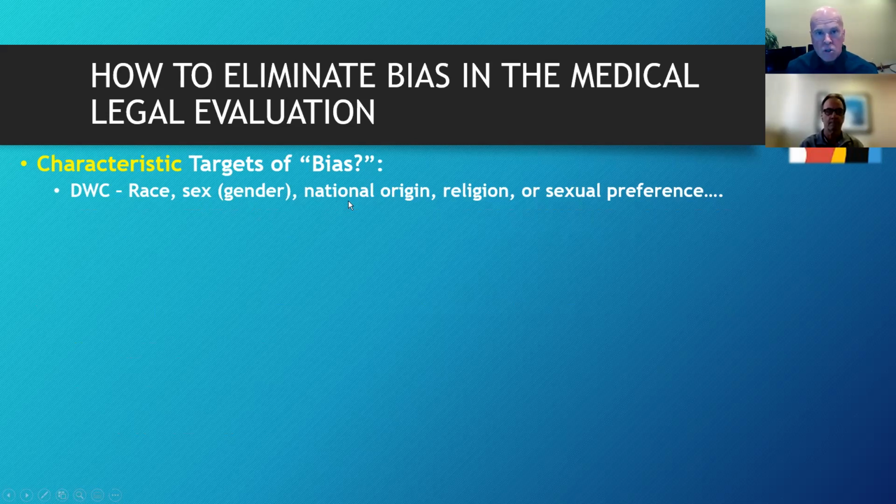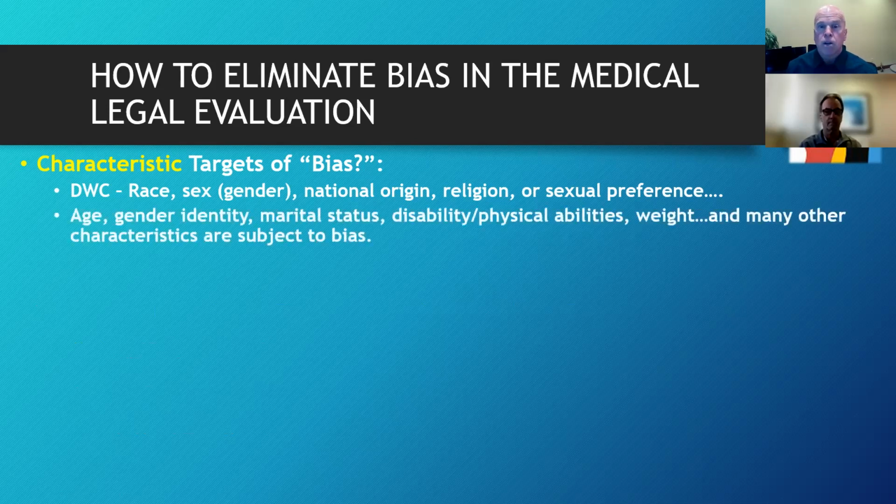National origin is a target of bias. And don't we see many, many examinees who come from a different nation than from where we come from? So the system wants us to provide those injured workers that come from a different nation a fair look, a fair shake. They want us to provide opinions and conclusions that are accurate, regardless of where the injured worker comes from.